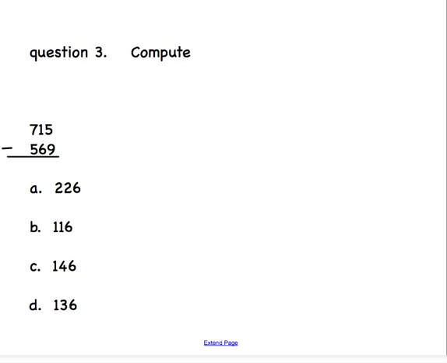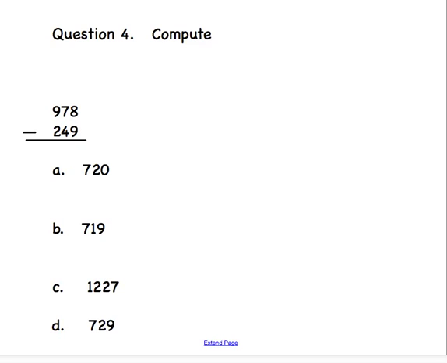Question 3. Please write this problem in your journal, showing your work, and then write down the answer. 715 minus 569. A. I get 226. B. 116. C. 146. Or D. 136.